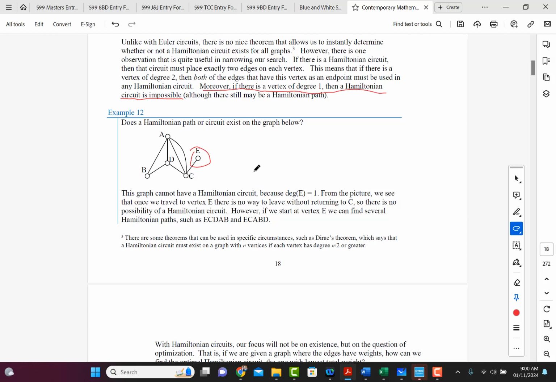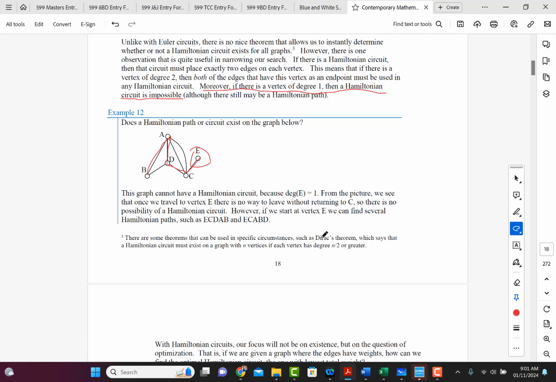Okay, but we can have a path though. We could start with B, and go to A, and then D, C, and then E. So this graph cannot have a Hamiltonian circuit because the degree of E is equal to 1.